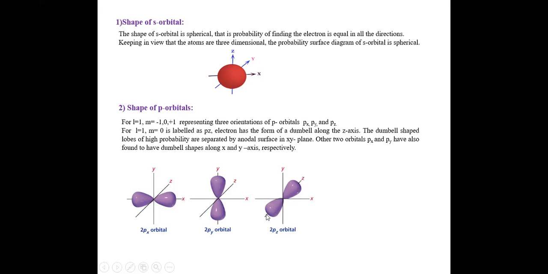This is the z-axis, you can see here in the diagram, and it will have a dumbbell shape along this z-axis.